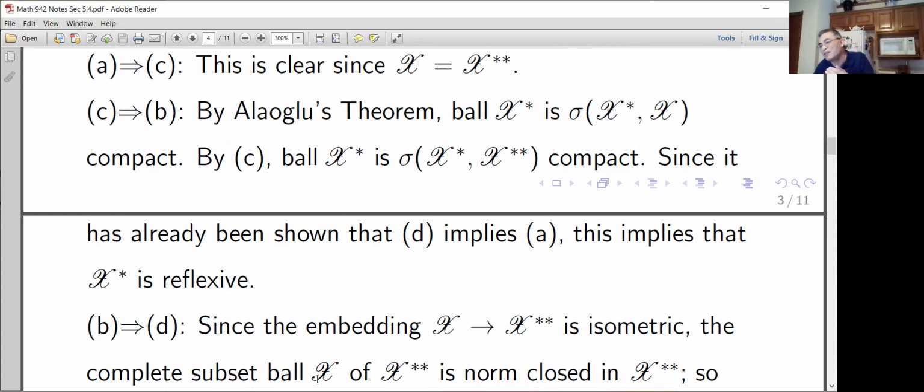After embedding, it is still a complete set, because it's isometric. Any complete subset of a metric space must be closed. So it is norm closed.